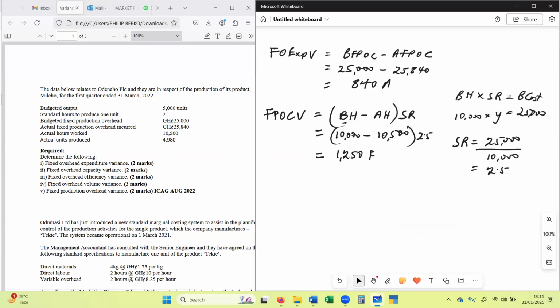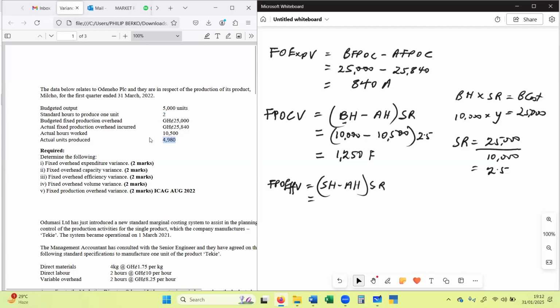All right, so the next one is fixed production overhead efficiency variance. That was standard hours minus actual hours, multiplied by standard rate. So how do we get standard hours? It is the standard hours per unit multiplied by the actual output.